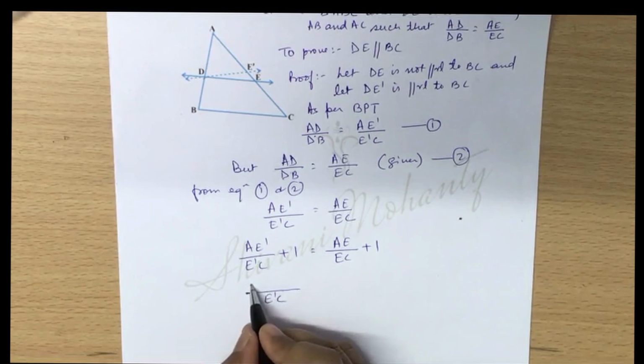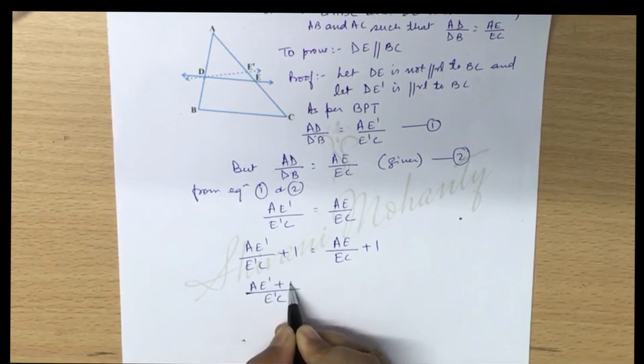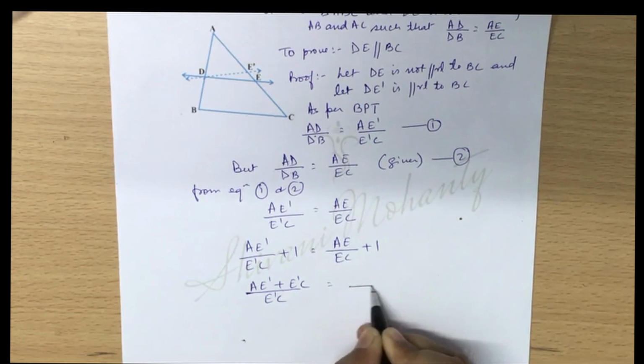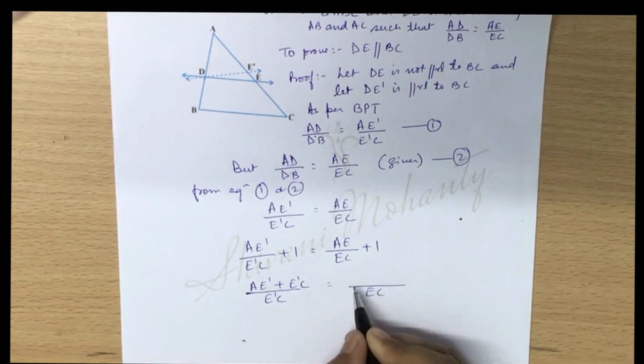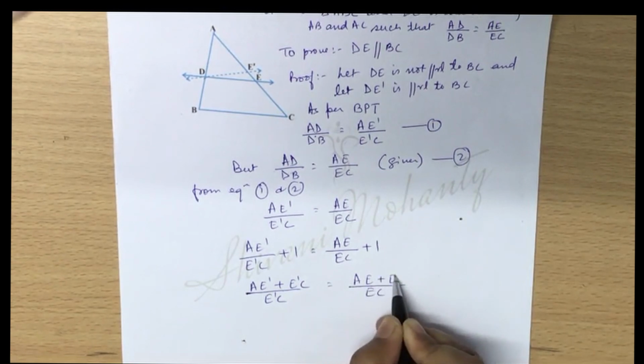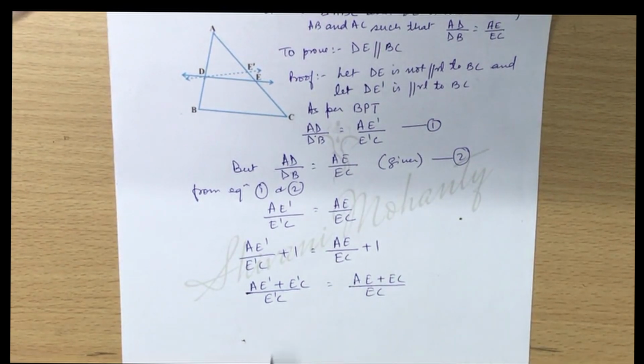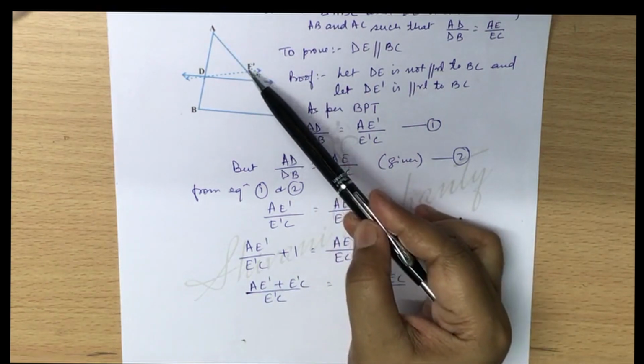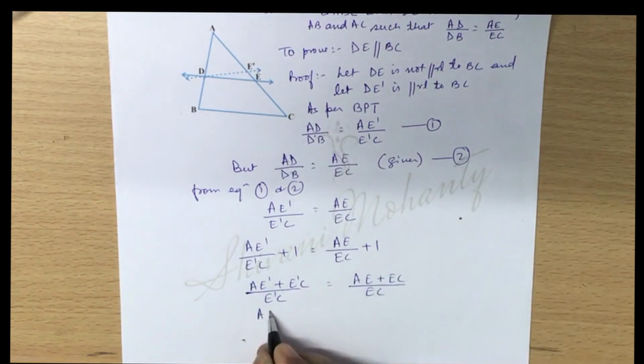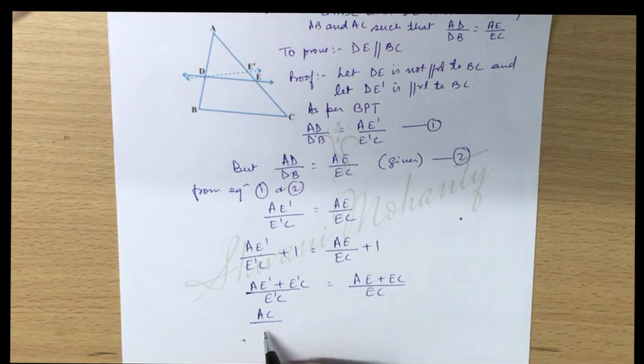E dash C on the left, so I can write AE dash plus E dash C, and on this side the LCM is EC, so AE plus EC. What is AE dash plus E dash C? It is AC. And AE plus EC is also AC.